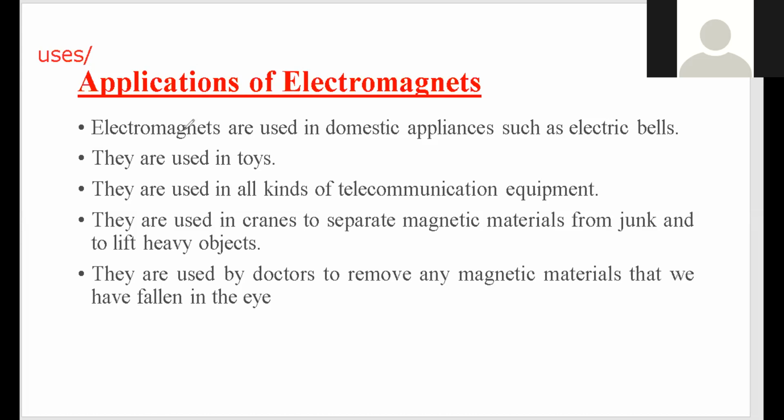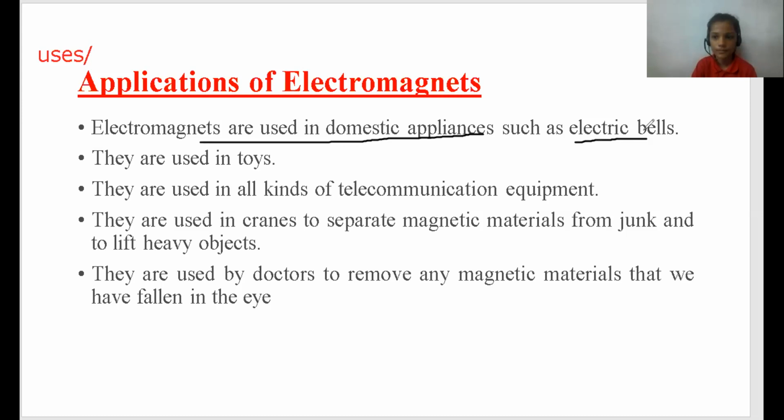First of all, they are used in domestic appliances such as electric bells. You all may have an electric bell at your home, just at the side of your door. You press it, it rings, right? Even in that, it is used. The second one is they are used in toys.